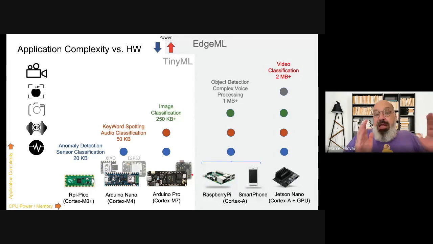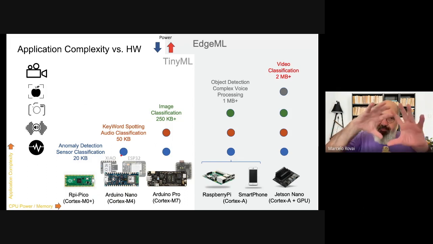Okay, those are examples of devices in what we call the TinyML space, because we're talking about low power applications. These are devices that usually run on small batteries, because I want them working continuously, always on.